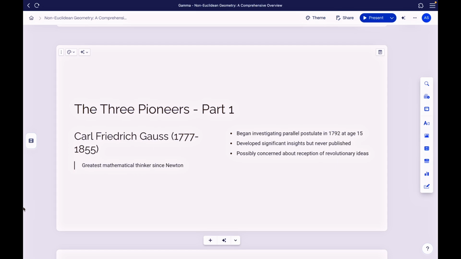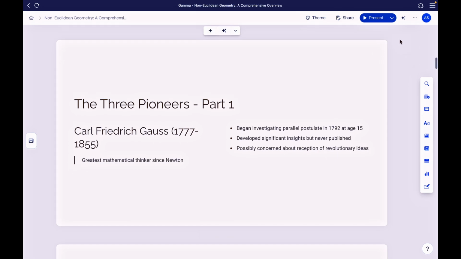He began investigating the parallel postulate in 1792 at the age of 15 years old. He developed a lot of insights, but he never published because most likely he was concerned about the reception of different ideas. If you look at Galileo or Copernicus, who, when they talked about the heliocentric view, were shunned by the Catholic Church and normally cast aside, and suffered many punishments for defying the state and the church.